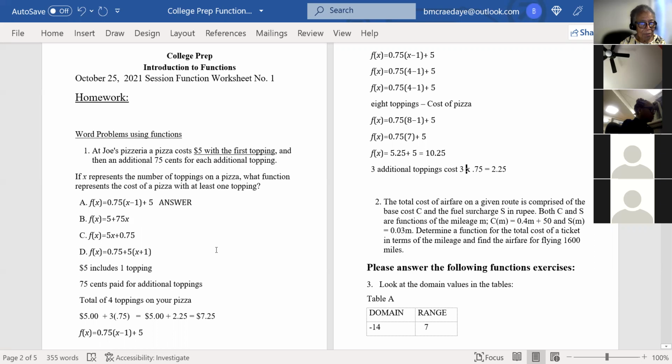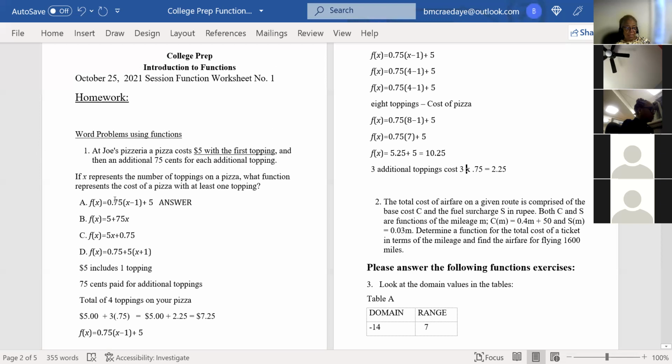So you'd have to substitute 4, the total toppings. Any questions? Like you said, 3 additional at 75 cents is 2.25, and you add that to 5 and you get 7.25.